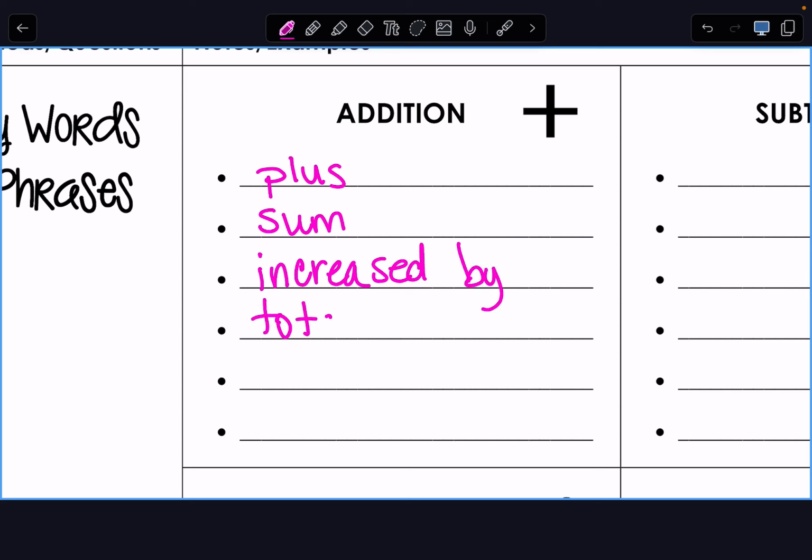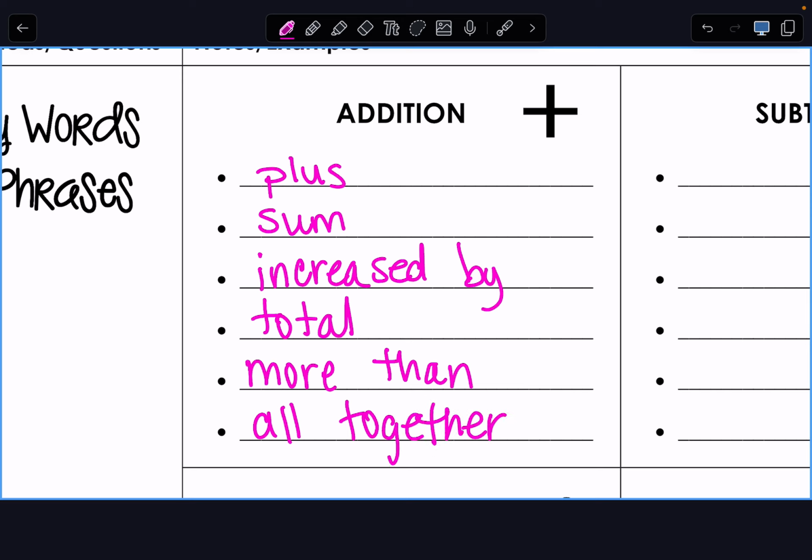Total. More than. Okay. And then this one I don't think you're gonna come up with, so I'm just gonna put all together. All together means, hey, we're gonna add them together.